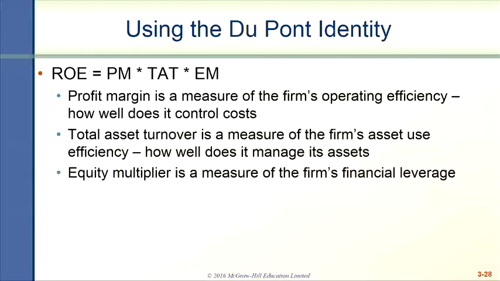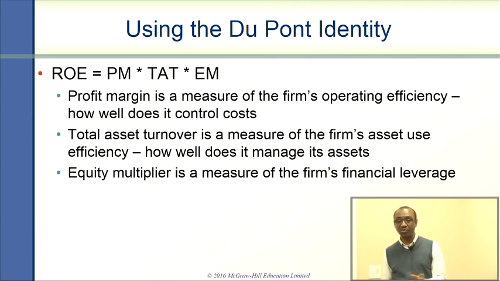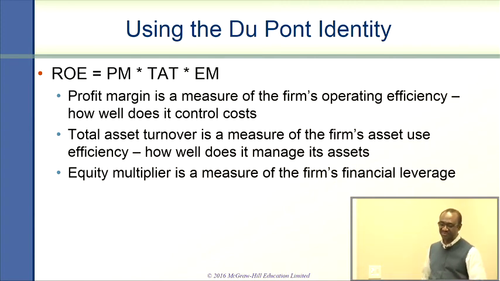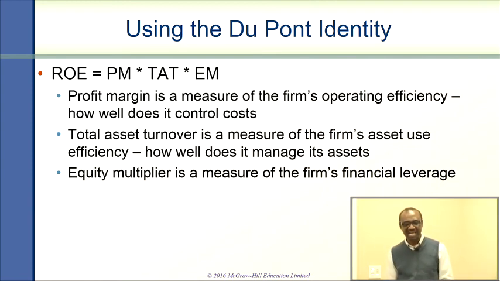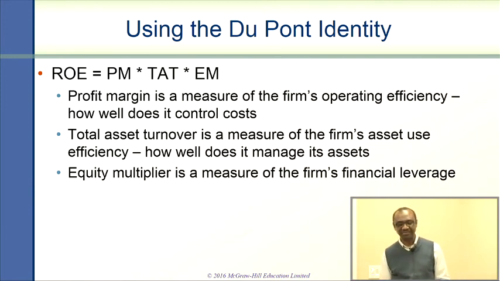Well, it gives us the profit margin, which is the measure of a firm's operating efficiency and how well it does in controlling its costs. Equally, total asset turnover is a measure of a firm's asset use efficiency, so how well it does in terms of managing its assets. And also, the equity multiplier is a measure of a firm's financial leverage.